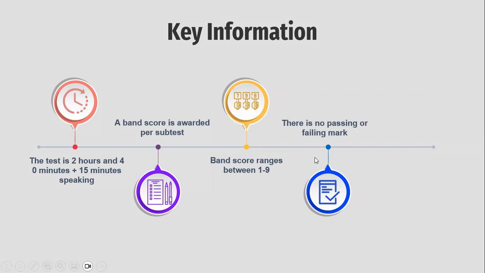Whatever you do, they are not going to tell you you passed or you failed the test. No. They're just going to provide you with a number. For example, if you did very, very badly, God forbid, let's say you're going to get a 3. But if you do really, really well, you're going to get an 8 or 8.5. So actually, there is no passing or failing mark. That's something relative from one person to another.